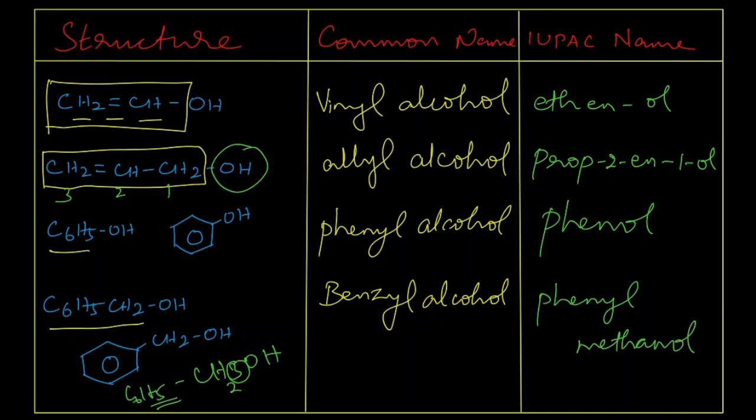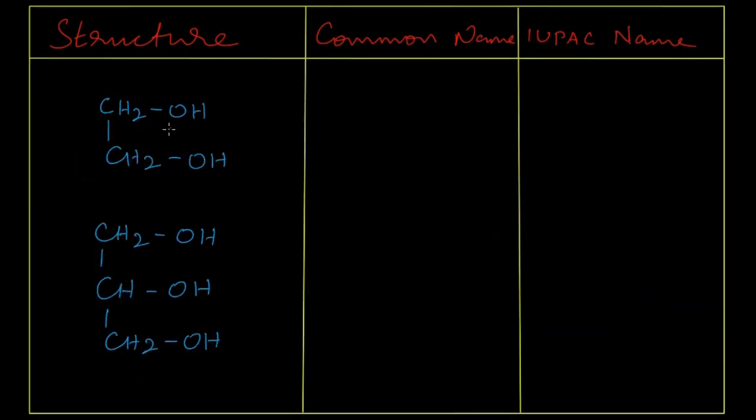Okay. So far we have discussed monohydric alcohol, that is, only one OH group attached. In the next slide, we shall discuss dihydric alcohol and trihydric alcohol. In this compound, 2 OH groups are attached. So the common name of this compound is ethylene glycol.